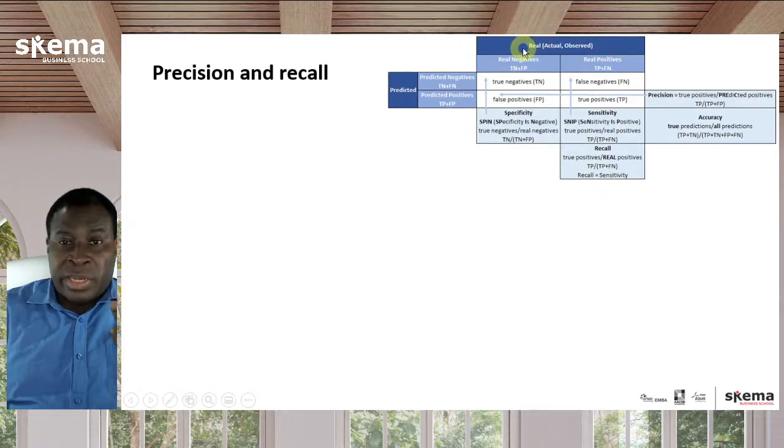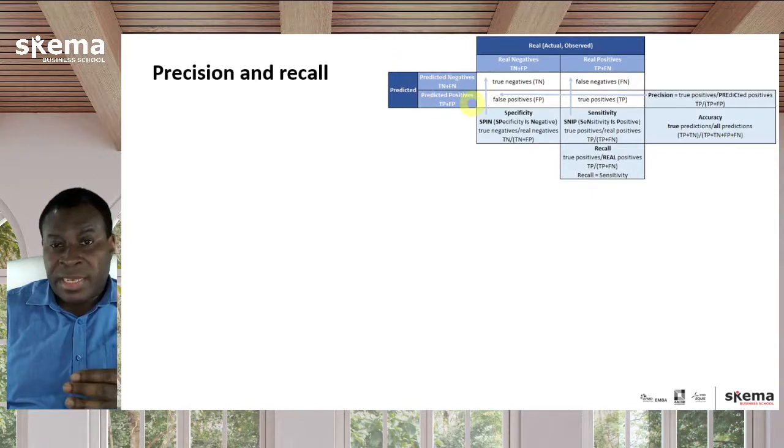That is, they're either real negatives, that the cases are negative. Let's use customers as an example: the customers did not buy. And in real positives, the customers did buy. But then the rows are what the model predicted. Did the model predict negative, that they did not buy? Did it predict positive, that they did buy?